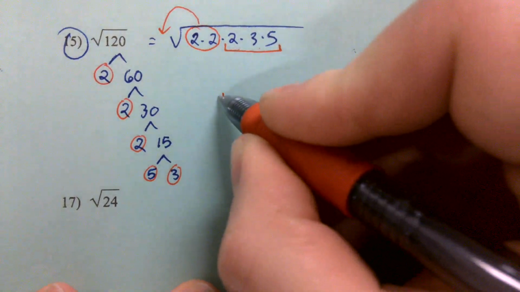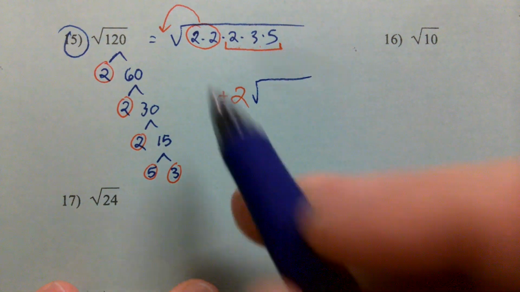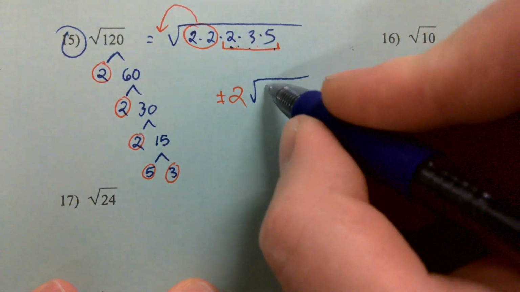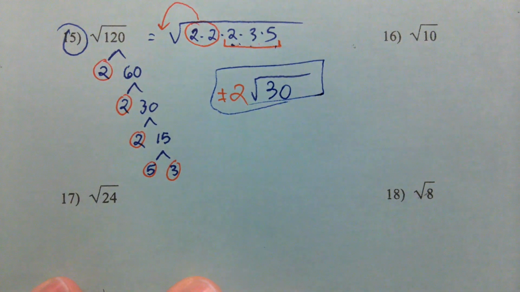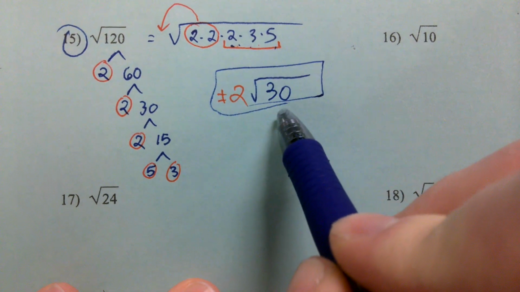What do I get? Well, I get a plus or minus 2 in the front. My square root stays there. What is 2 times 3 times 5? 30. 2 times 3 is 6. 6 times 5 is 30.